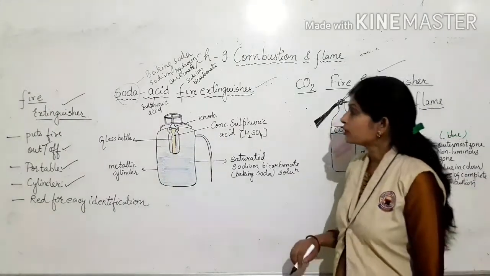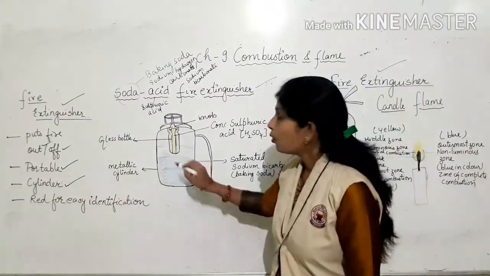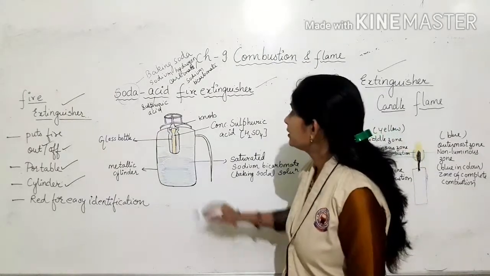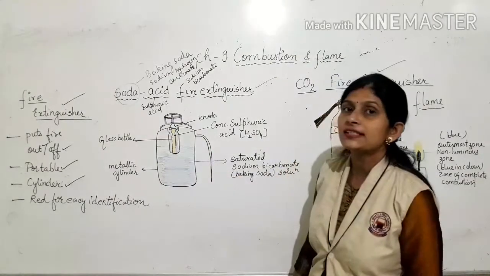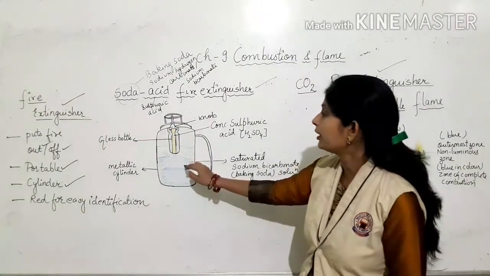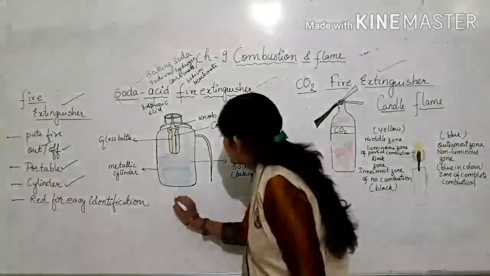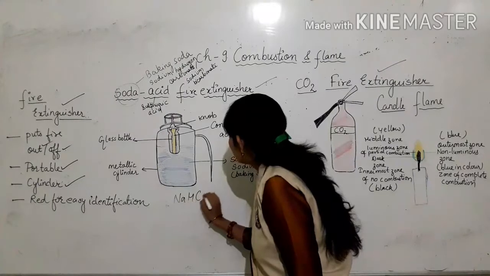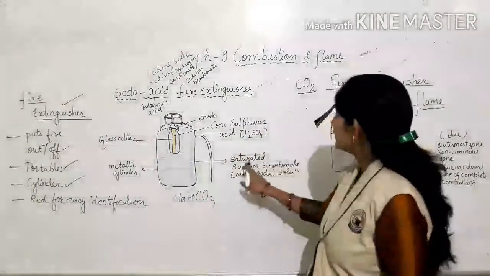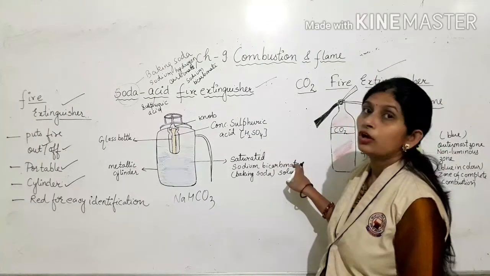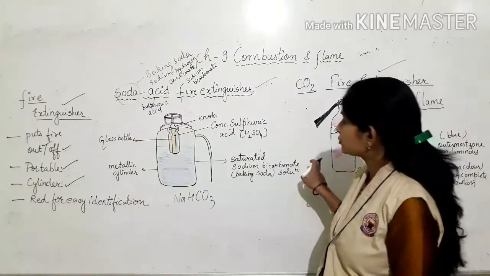Now, there is a question. What is the chemical reaction taking place between concentrated sulfuric acid and sodium hydrogen carbonate or baking soda solution? The reaction is: sodium bicarbonate or sodium hydrogen carbonate, or commonly known as baking soda solution.